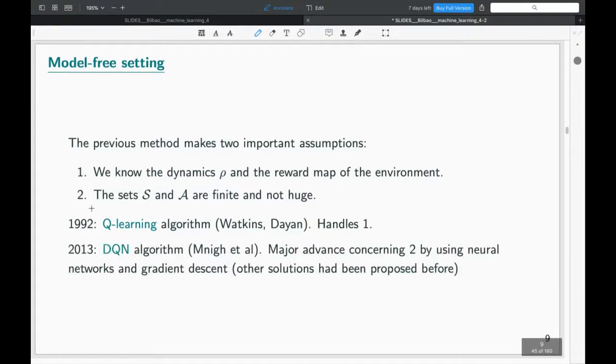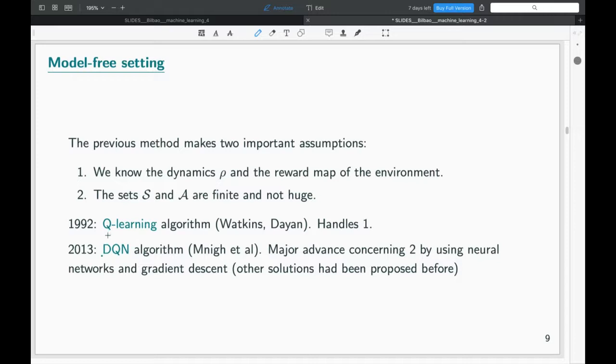And then for assumption 2, there have been several works regarding environments where S and A are very big. But the most famous one, and probably the major advance in this regard, was done in 2013 by the DQN algorithm, which handled problem 2 by using neural networks and gradient descent, as we will see later.